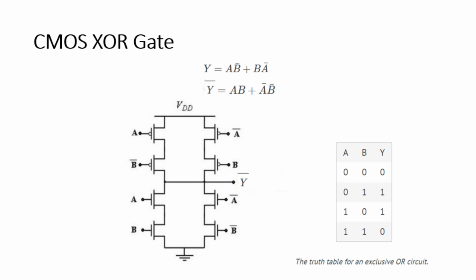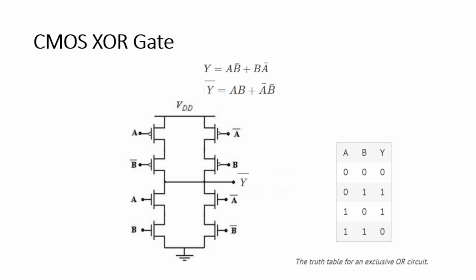As we have generated an inverted output which consists of AB plus A bar B bar, our output contains two product terms that are added together. So we know for the pull down network, if there is a product term, the transistors are in series.